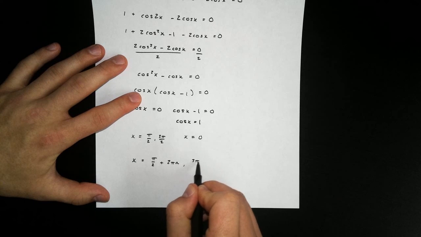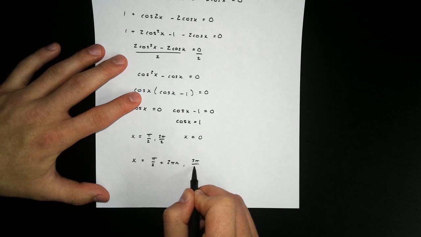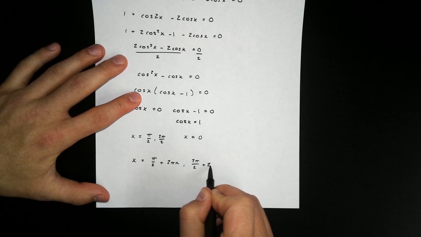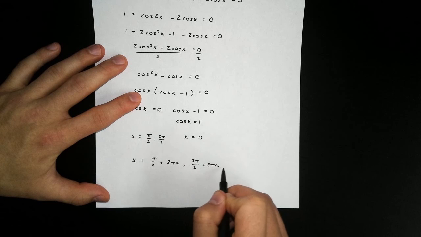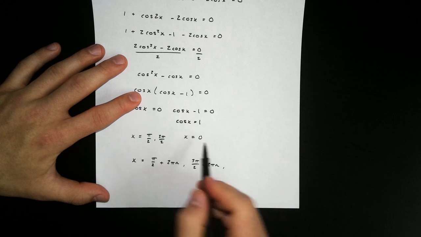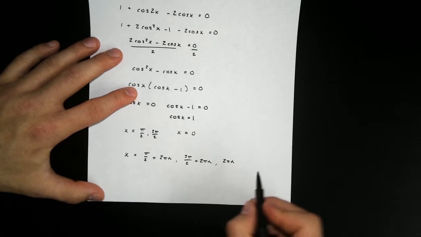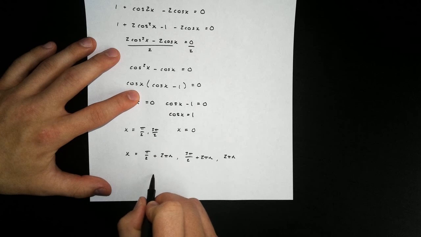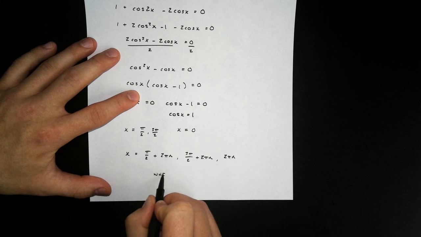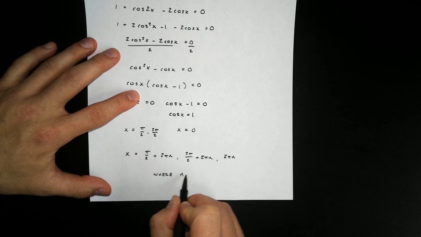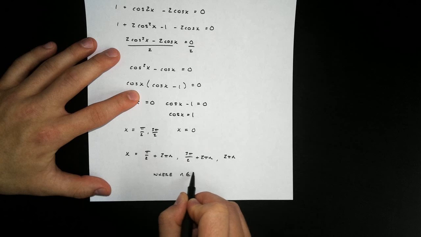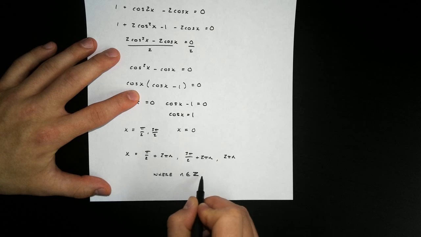We have 3 pi over 2 plus multiples of 2 pi. And then from this one, we also have just multiples of 2 pi. So then let's say where n is an element of the integers.